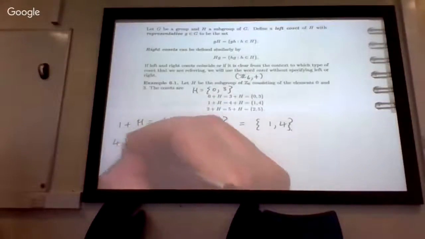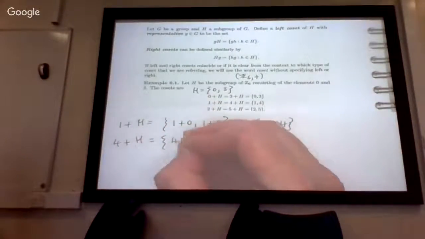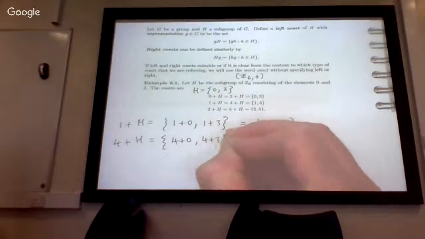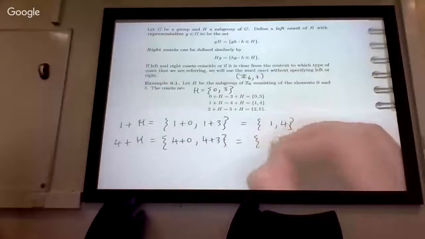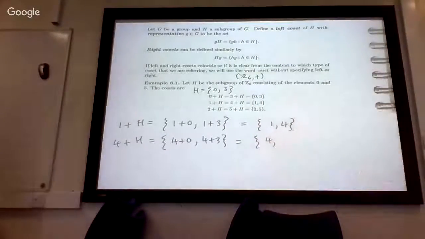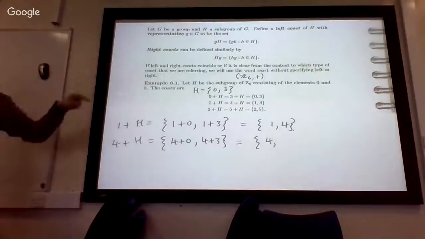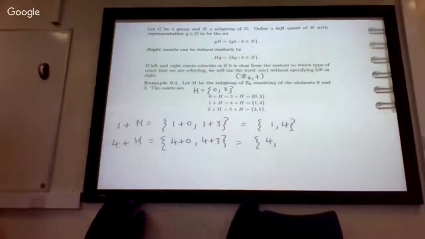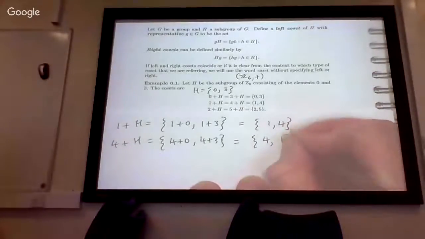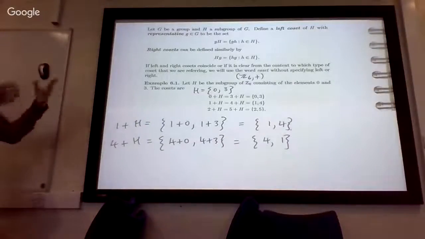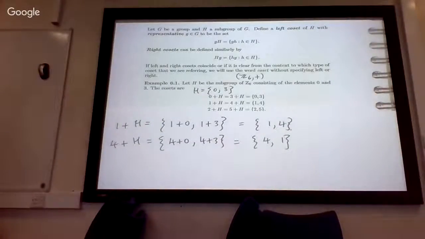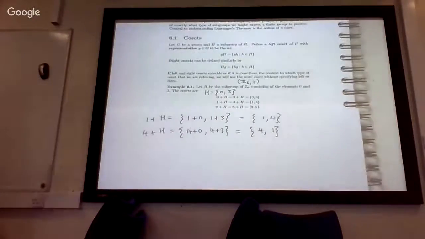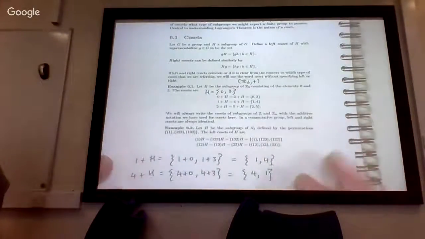But 4 plus H is the set consisting of 4 plus 0 and 4 plus 3, which is the set consisting of 4 and, well, you're tempted to think 7, but this is within Z6. 4 plus 3 is 1 modulo 6. So it's the same set. The elements come at you in a different order, but as a set, it's the same. Similarly with 2 plus H and 5 plus H. So there are 3 left cosets.